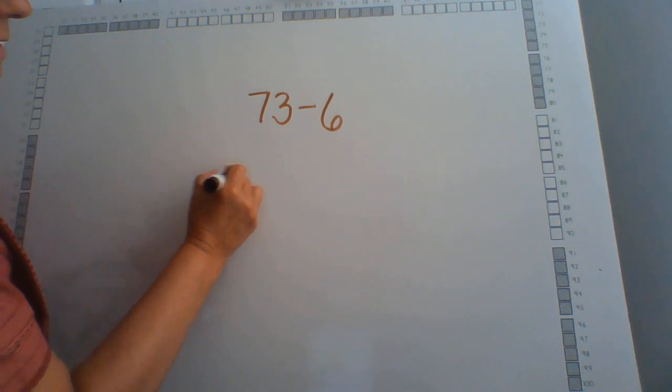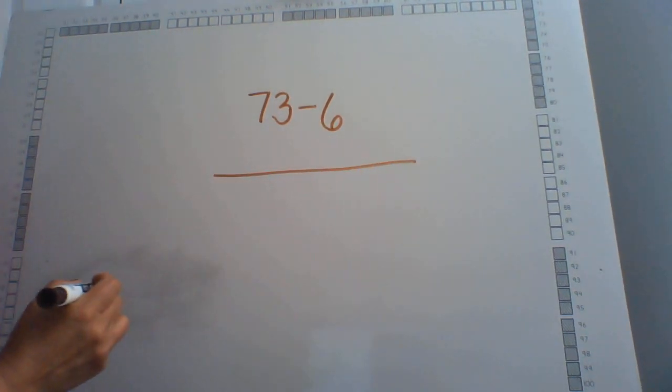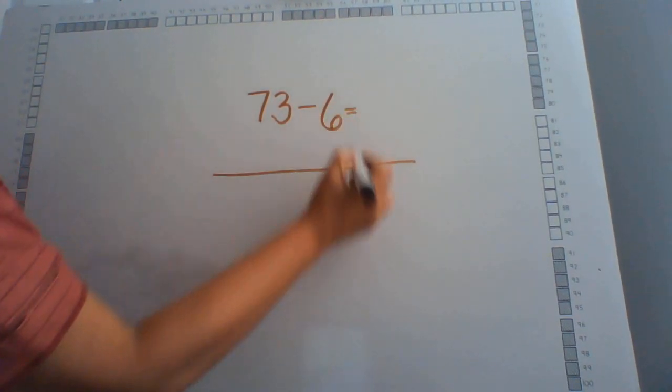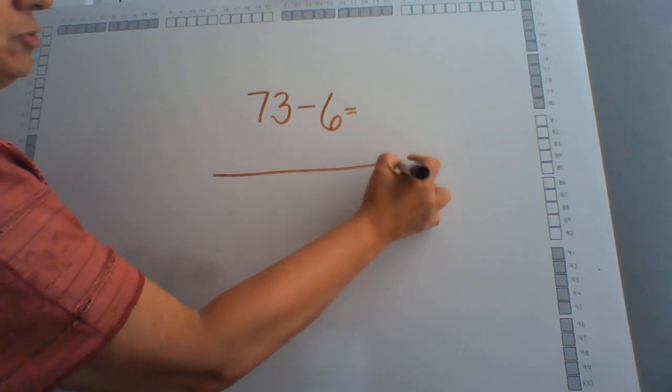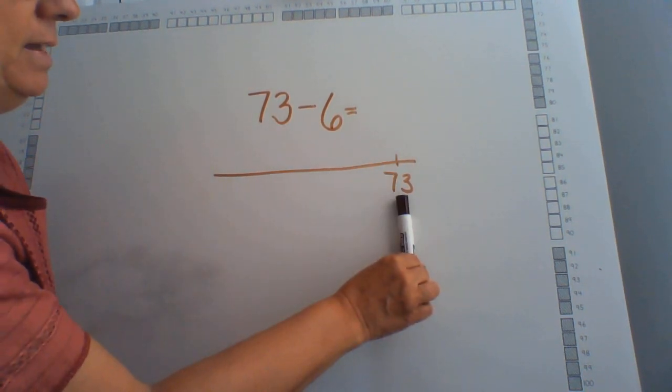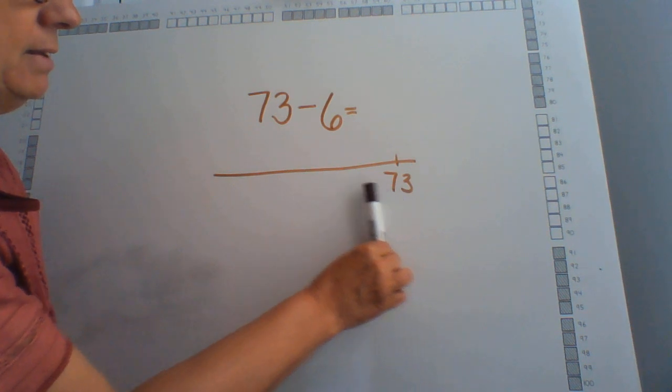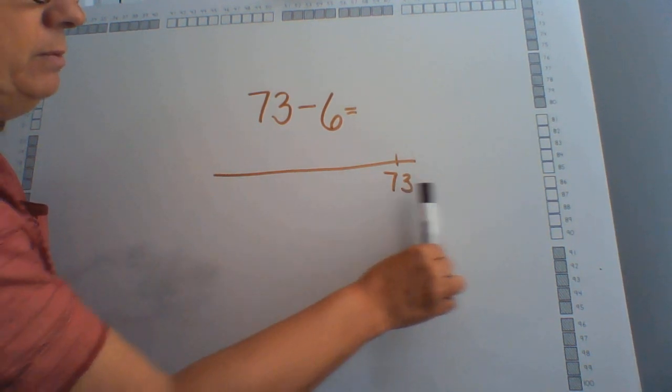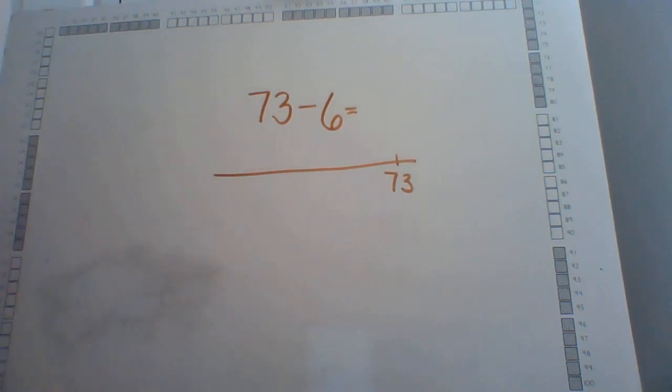So for many of you, you may have been thinking about an open number line. And I'm going to mark where Mrs. Tryon is here at 73. And if Mr. Tryon were 6 steps behind me, he'd be over here somewhere. He wouldn't be ahead of me. He'd be behind me.